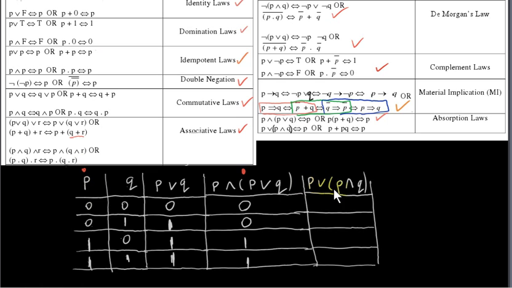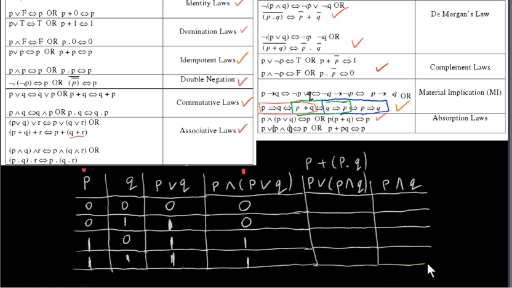Now let's look at P or (P and Q), which we can also write as P plus P dot Q. So we're looking at the P column, and we want a column for P and Q, which I haven't actually shown. So I'll do that now. P and Q is only true when both P and Q are true, so that's for the fourth row.